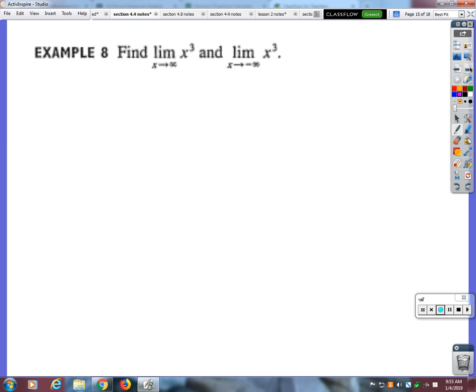All right, let's see. Then we can do some limits that are approaching infinity as x goes to infinity. For example, the limit as x approaches infinity of x cubed would be what?